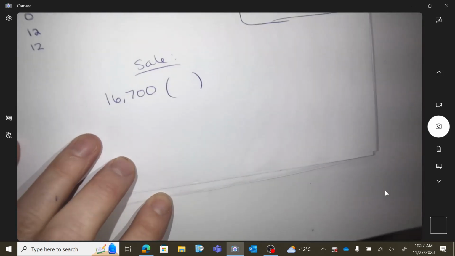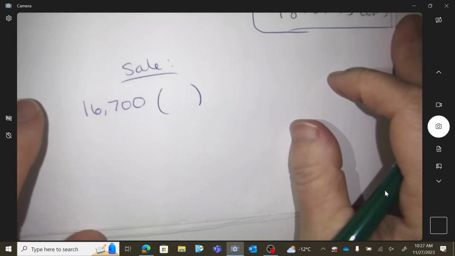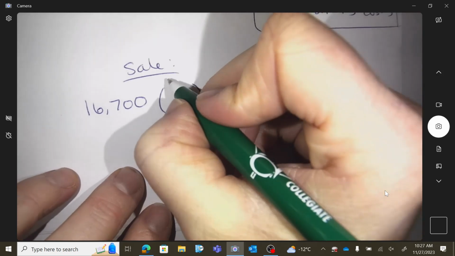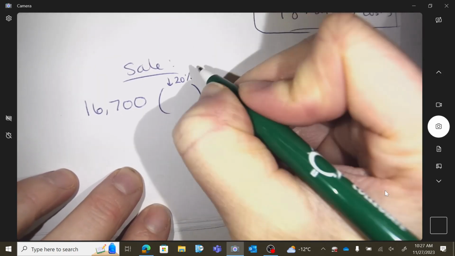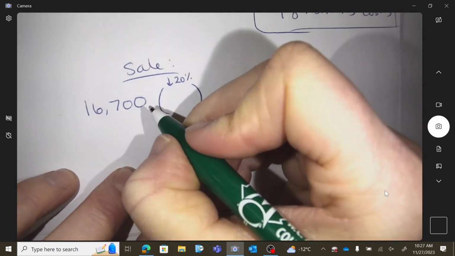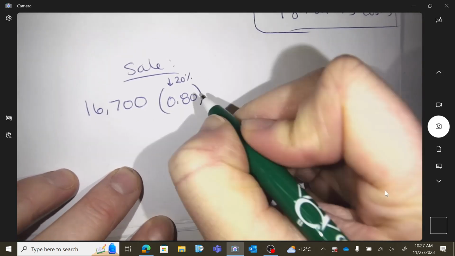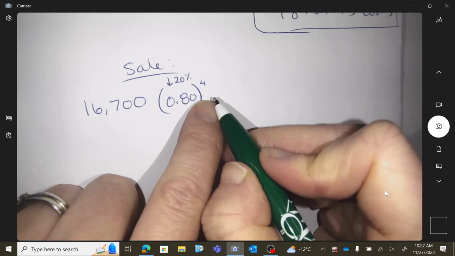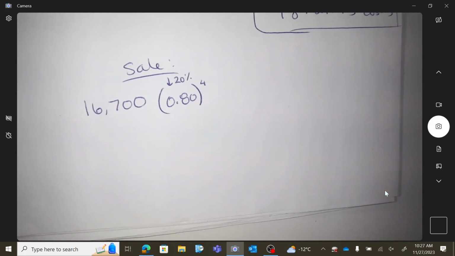So what is my multiplier number if it depreciated 20%? How do you go down 20%? 0.8. And then that's per year. So we remember that we are doing this for 4 years. So how much do you get to sell your car for?